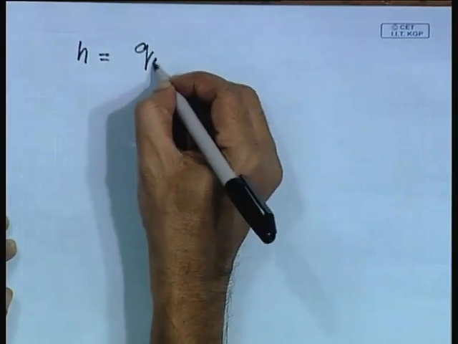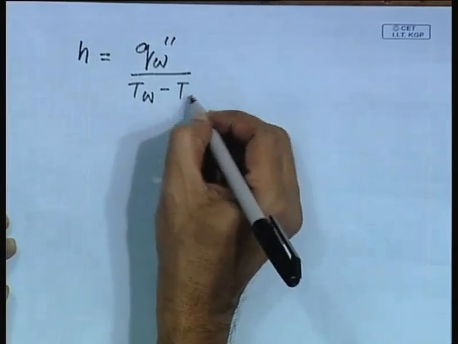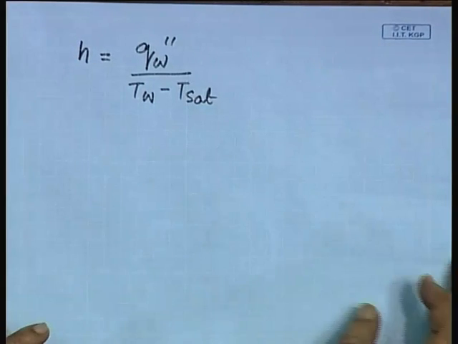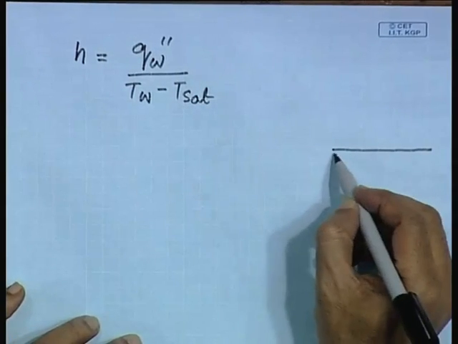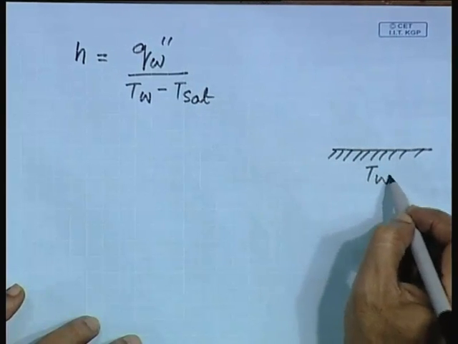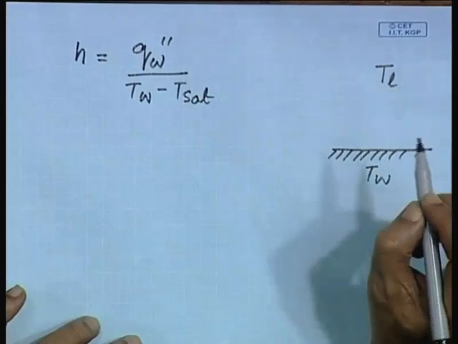Now, along with this, one can also define H, the heat transfer coefficient, that is QW by TW minus Tsat. This is another important point which I need to discuss. In a boiling experiment, you can have the wall heated, the wall at a temperature TW, and the bulk of the fluid at a temperature TL.